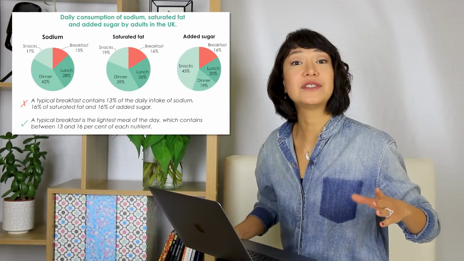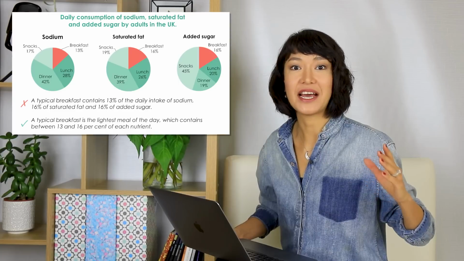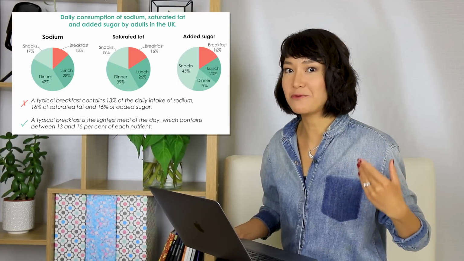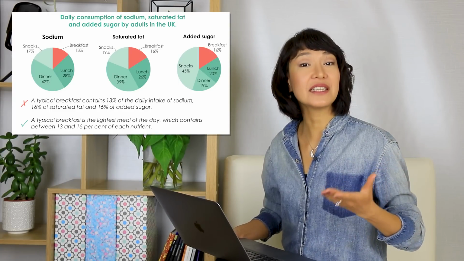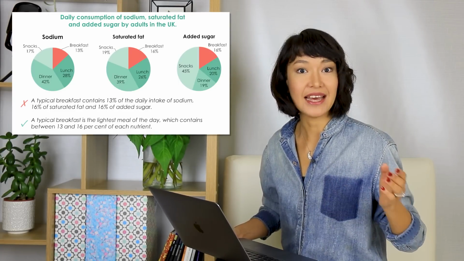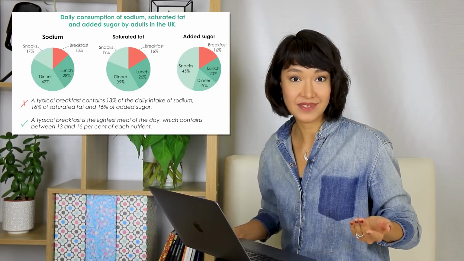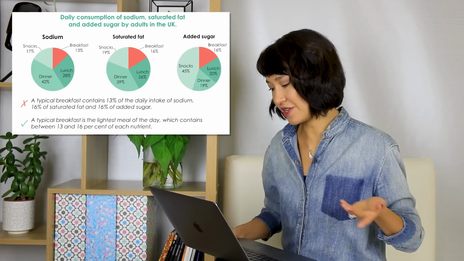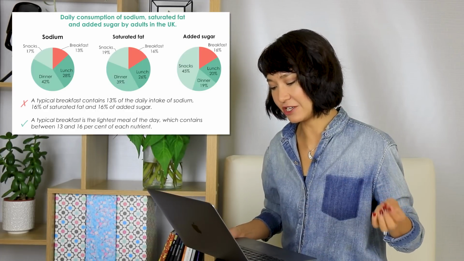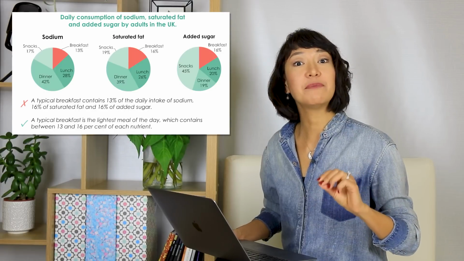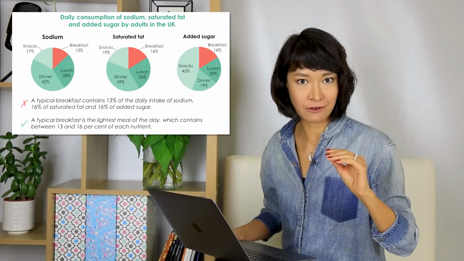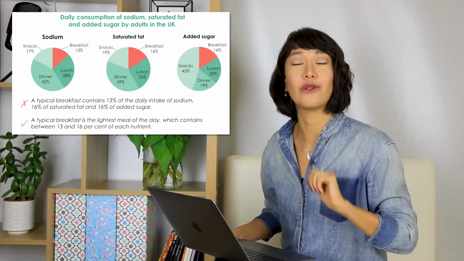So here I used the same data, but I analyzed them. I explained what they mean: that breakfast is the lightest meal of the day. And then I supported my description with figures, which contains between 13 and 16% of each nutrient. So I provided just enough detail to support my statement, but not more.